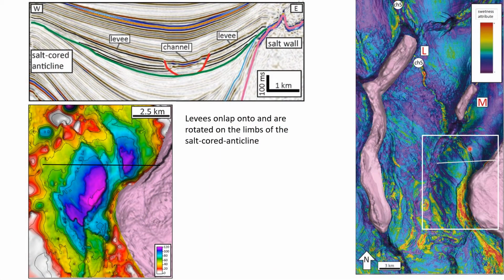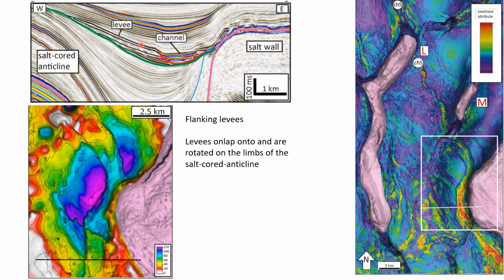Within this minibasin, the channel is thicker, and the isochron highlights that the channel is flanked by wing-shaped levees that thin and unlap the bounding salt core highs. The intra-levee reflections unlap and are rotated on the limbs of the salt core anticline, suggesting depositional movement.